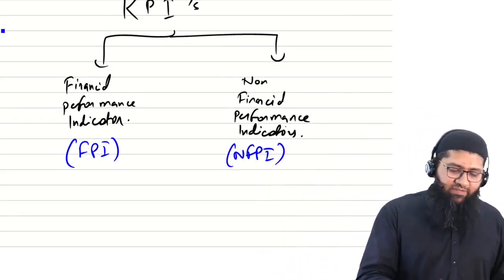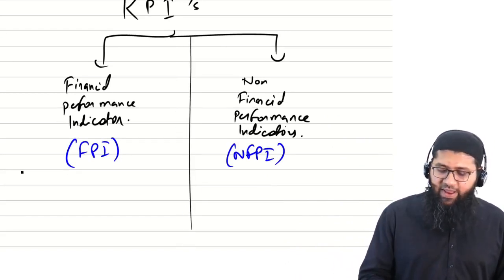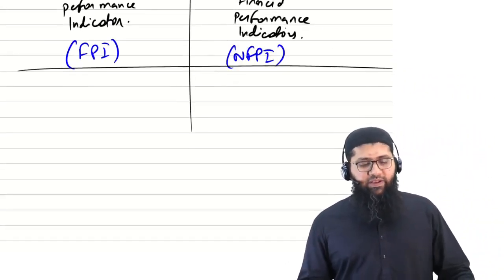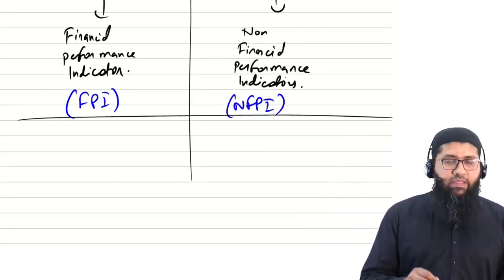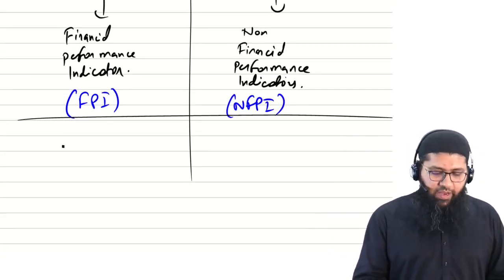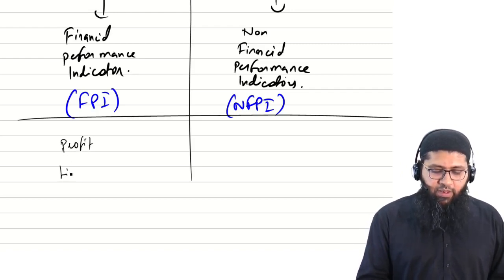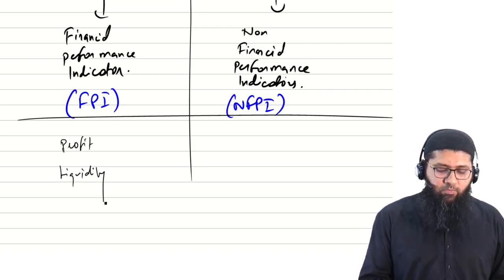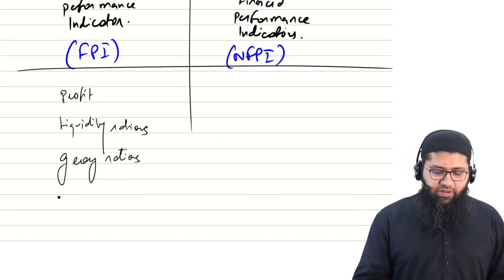Now, what exactly do you mean by financial performance indicators? It could be your profit, your liquidity ratios, your gearing ratios, your investor ratios.